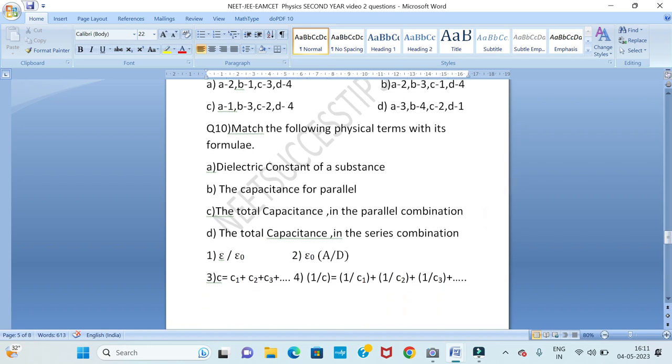Match the following physical terms with their formula: dielectric constant of a substance, the capacitance of parallel plate, total capacitance in parallel combination, total capacitance in series combination. It is very easy.